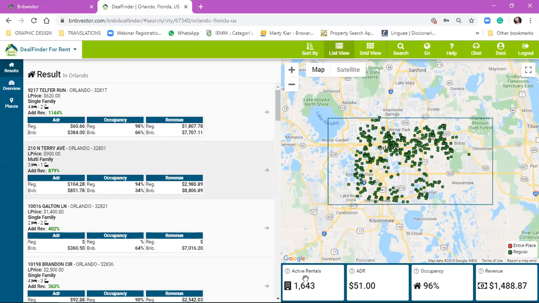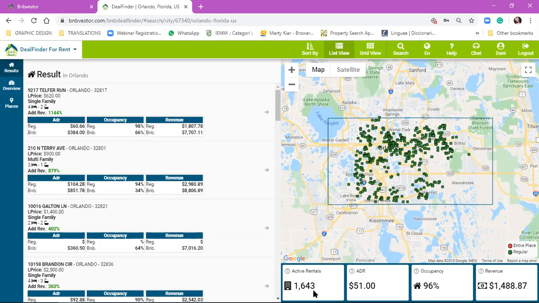Now, we can see that in Orlando, we have 1,643 active rentals with an average daily rate. Remember that when it's a regular rental, it's not going to pass from, let's say, $60, $70.